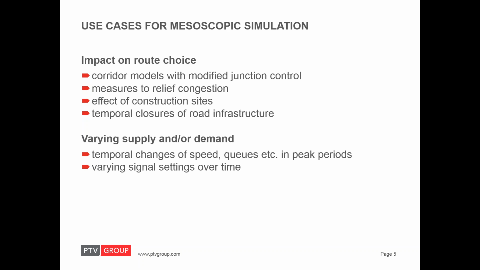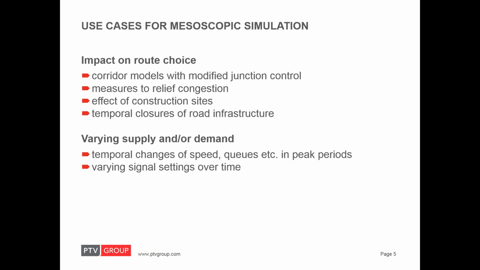This could be, for example, corridor models with a wider area than just the corridor, where you modify, for example, junction control, and the changes have potentially an effect on route choice. This could be measures to relieve congestion and again may result in drivers using different routes. Or this could be scenarios where you evaluate the effect of construction sites or generally temporary closures of road infrastructure.